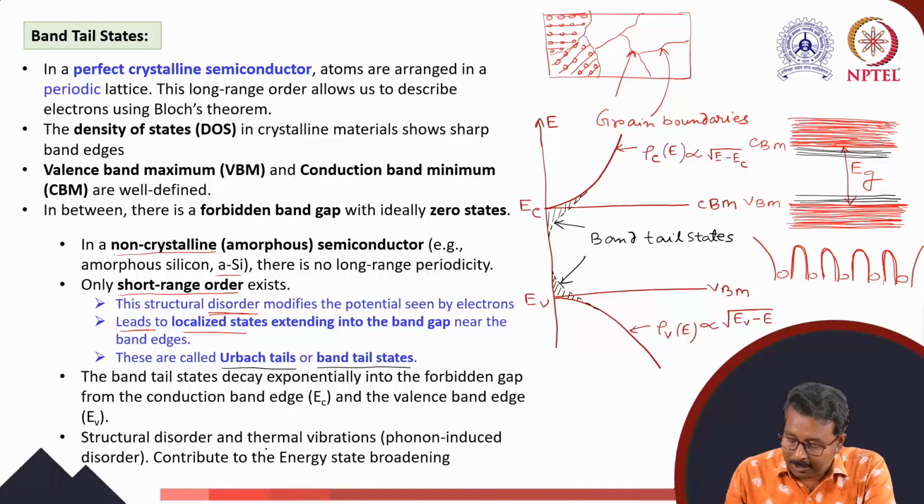Now structural disorder is one reason. Also the thermal vibration, which means at room temperature. The vibration of atoms creates a wave, and that lattice wave has a particle equivalent called a phonon that we have already discussed. If we increase the temperature, the nature of the phonon or the lattice wave will also change, and this phonon induced disorder also contributes to these band tail states.